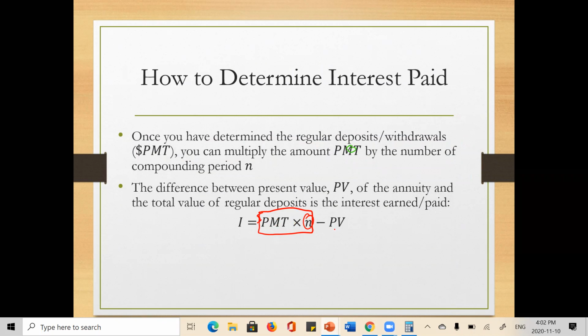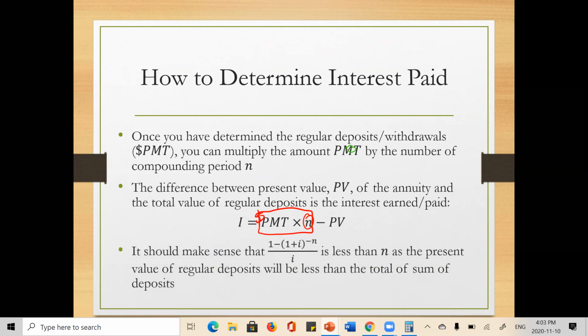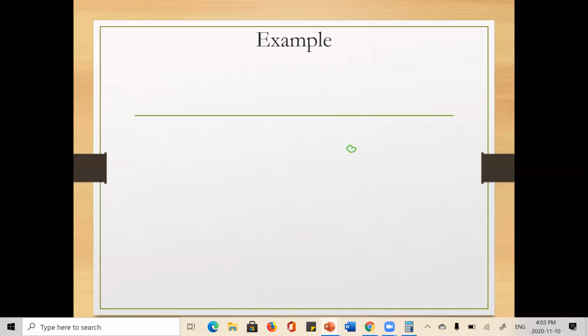This should be positive, and it makes sense that the present value is less than that, because you want to deposit less money today so you can earn more in the future. So to calculate the interest earned, take the number of payments made times the value of the payments, and subtract off the present value.